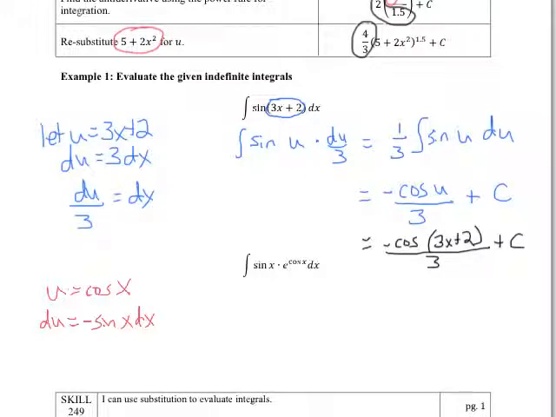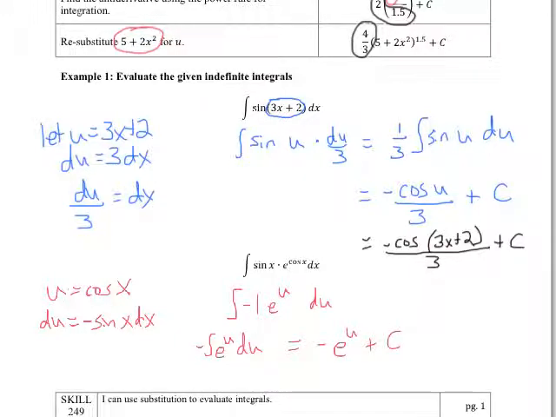So we can substitute these in. The sine x dx gets replaced with negative 1 du, and then e to the cosine x gets replaced with e to the u. If we apply our properties of integrals, we can pull the negative out front, e to the u du, and the integral of e to the u is equal to e to the u plus c.